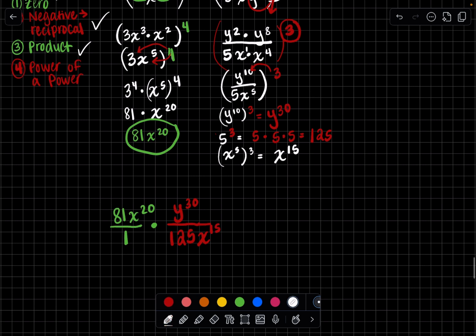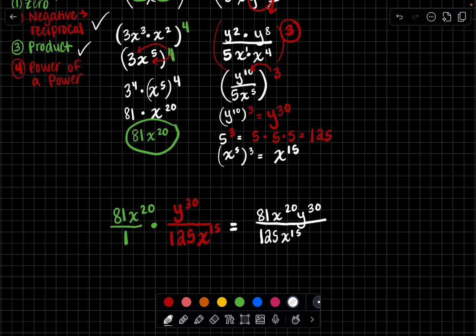When I multiply fractions, I multiply the numerators and I multiply the denominators. So when I multiply this out, we can only multiply like bases. So this is simplest form for my numerator. And this is what my denominator looks like: 125x to the power of 15.